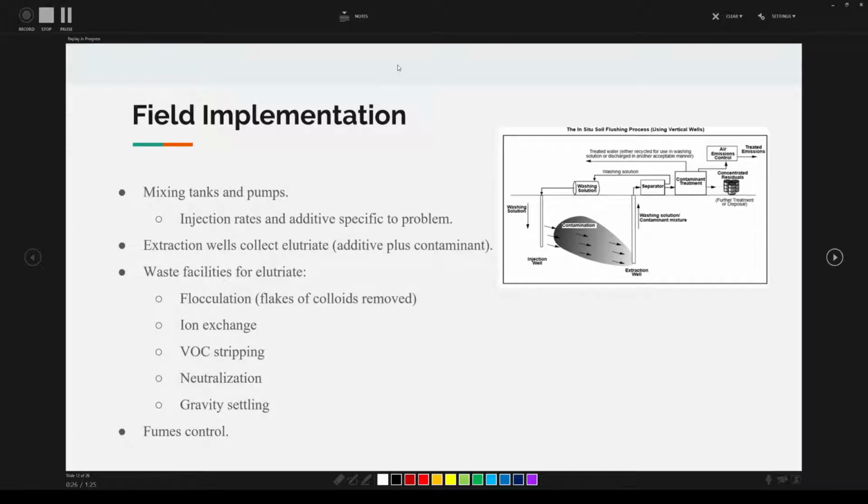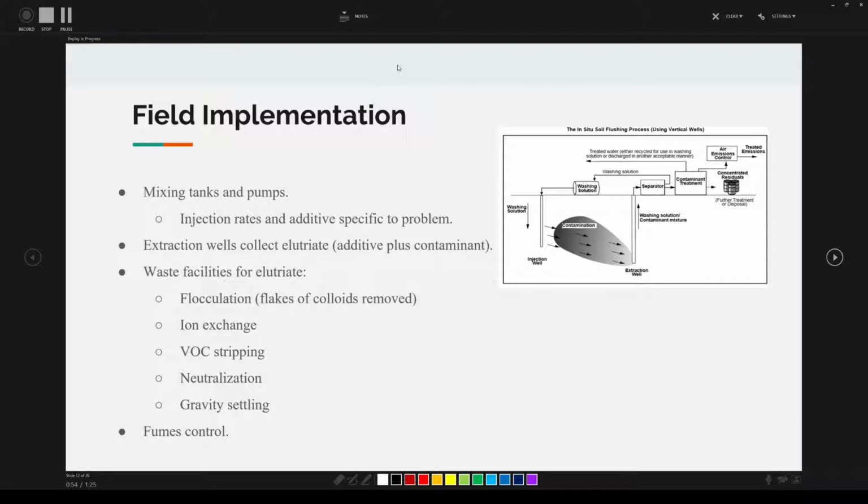The additives' injection rates are determined based on the field, and then the fluid travels along and reaches the extraction well, both the additive plus the contaminant, which is now called the elutriate. On the surface, we then have a separator and some waste facilities.